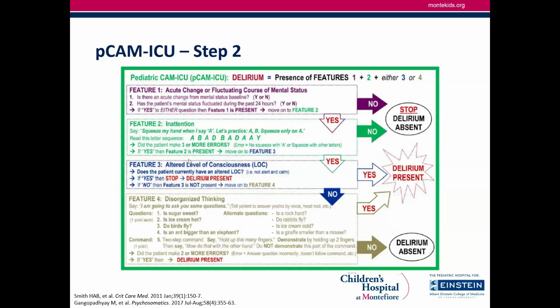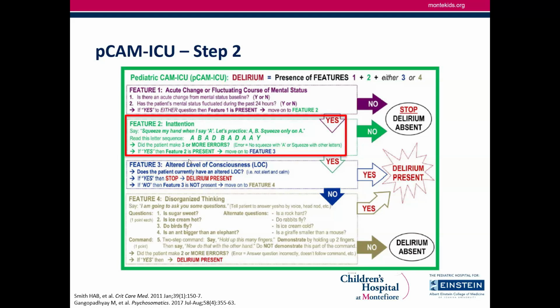So here you can see that there are 4 features to assess for delirium. The first feature is basically looking to see if there's any acute change or fluctuating course of mental status. If the assessor says yes, then you move on to the next feature. The next feature, feature 2, is assessing for inattention.